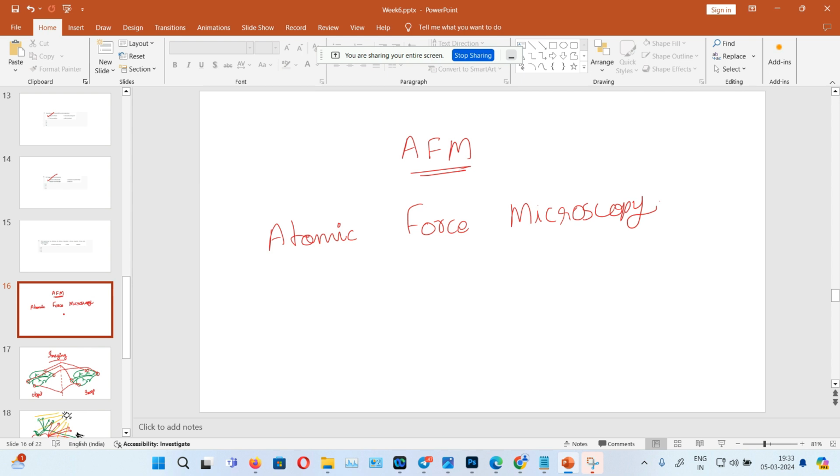The main part of an atomic force microscope, AFM, will be a cantilever. A cantilever is a mechanical part which has a fixed arm and at the end a free arm. It has a particular stiffness and it can bend when we apply force. So it can bend above or below.